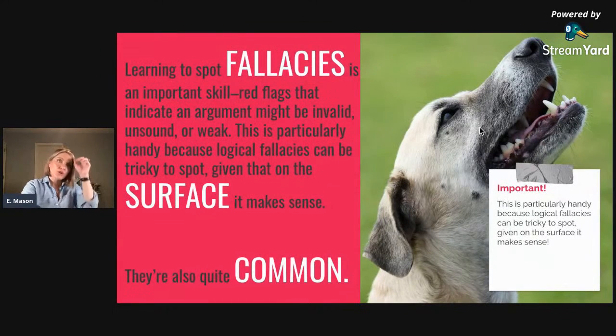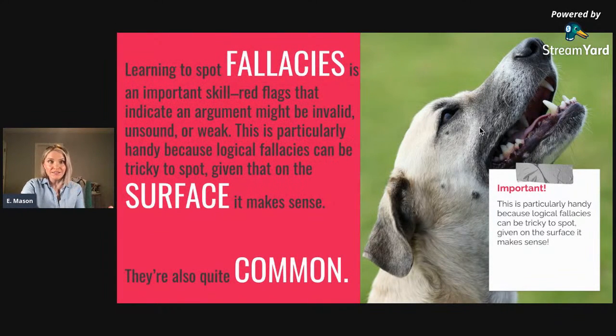So when you learn to spot the fallacies, it's a really important skill to have. Like you said before, it's strengthening a muscle. You find the red flags once you can start to detect those, and those red flags indicate whether an argument is invalid or valid, unsound or weak.